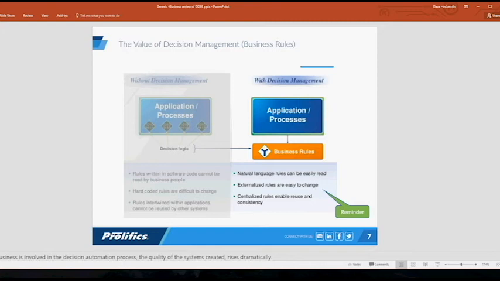So not all rules are created equal, right? Sometimes there are rules about what process to follow, and that's not really part of your domain expertise. That's really just part of executing a decision in a logical fashion, right? So that wouldn't necessarily be something the business is interested in spending its time managing.